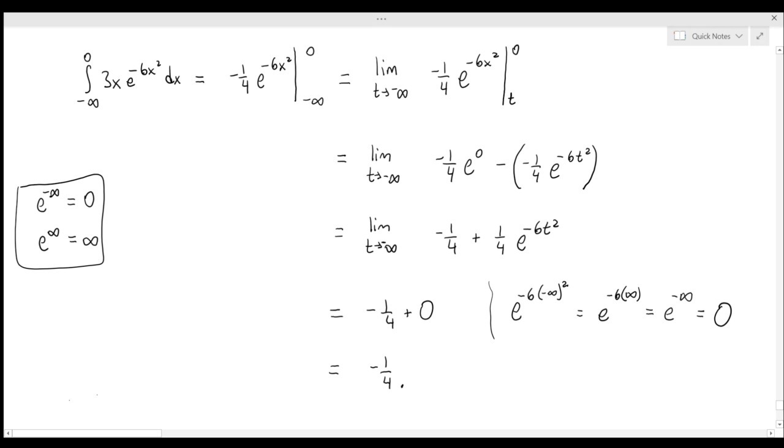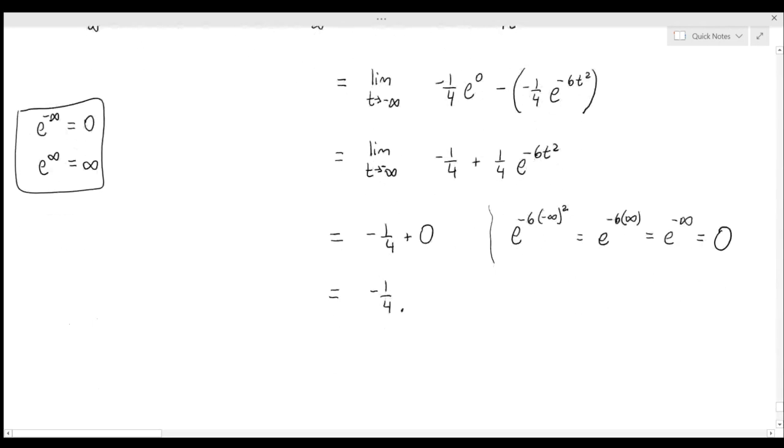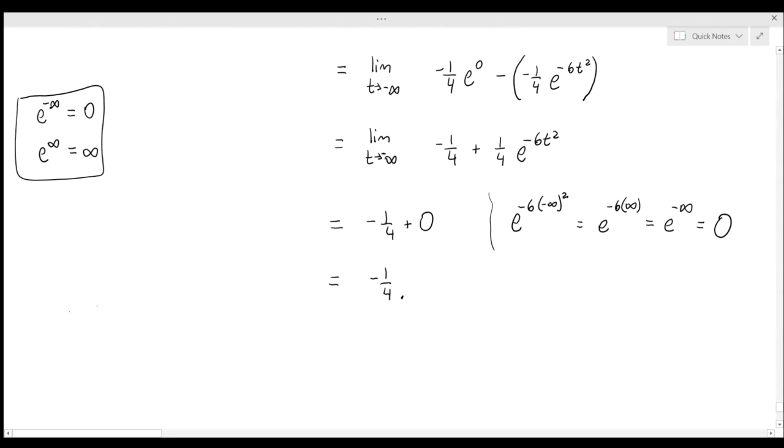All right, so that was the improper integral from negative infinity to 0. Now we also needed to do the improper integral from 0 to infinity as well. So let's just go through that one real quickly. It's going to be very similar.